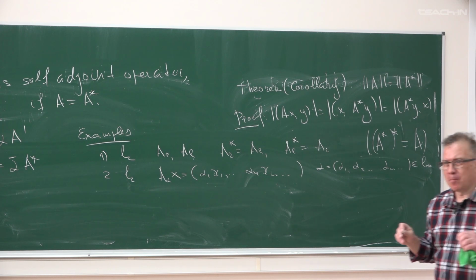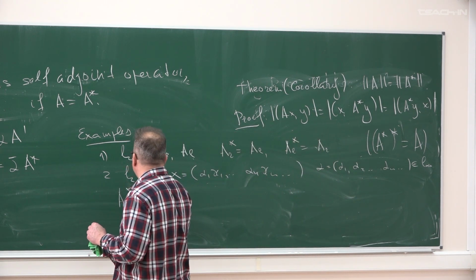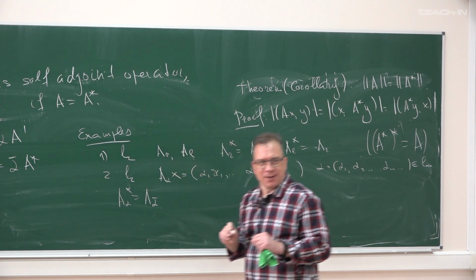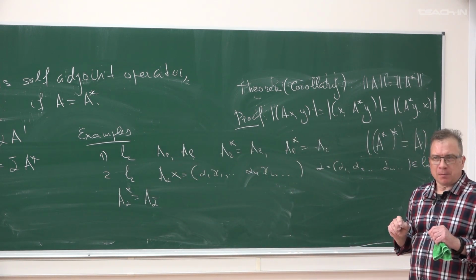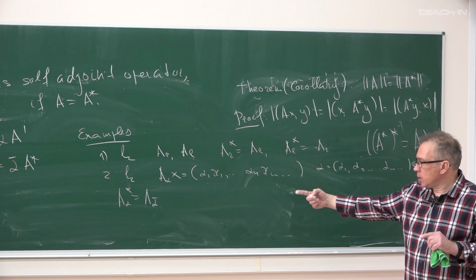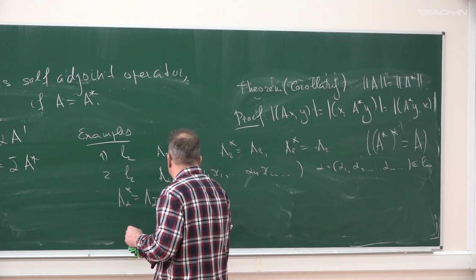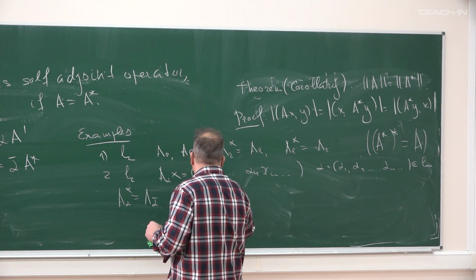It would be multiplication by the conjugated sequence. Yes, I can write the answer in a shorter way as follows. Yeah, it is multiplication by the conjugate sequence. Let's prove this.